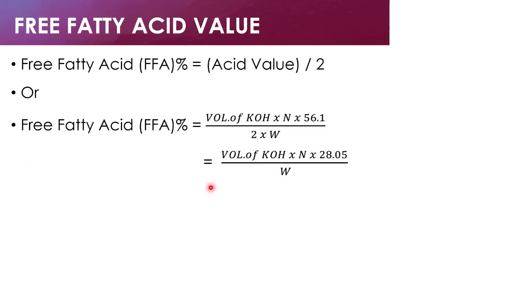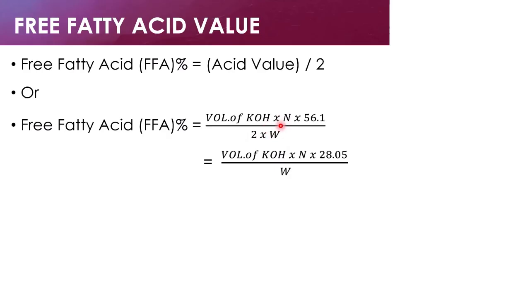Free fatty acid value. The free fatty acid value expressed in percentage is given as acid value divided by 2, or the volume of potassium hydroxide times the normality of the potassium hydroxide times the molecular weight of the potassium hydroxide, divided by 2 times the mass of lipid used.